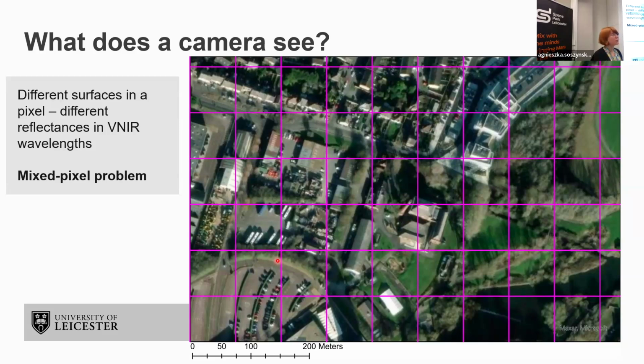For instance, I think all the future missions will have visible and near infrared bands, which have higher resolution than the thermal bands. So you can already use that and try to derive the super resolution product from that.